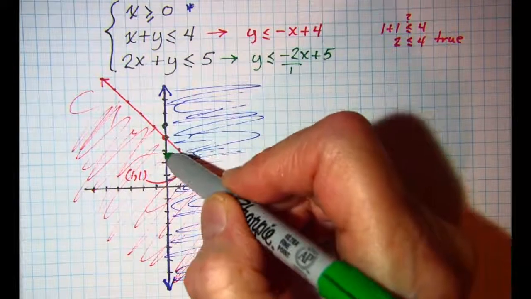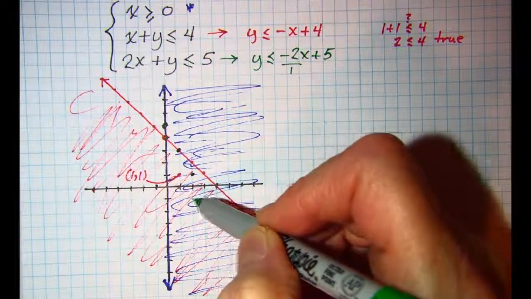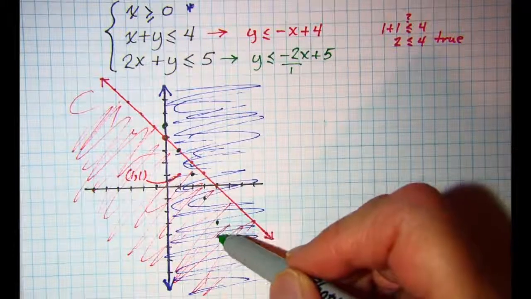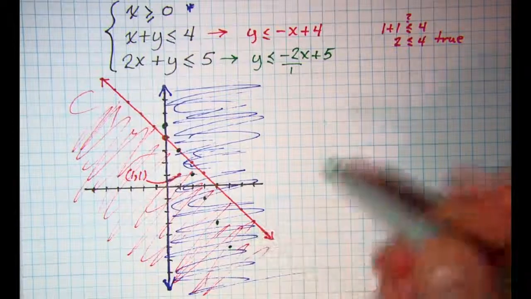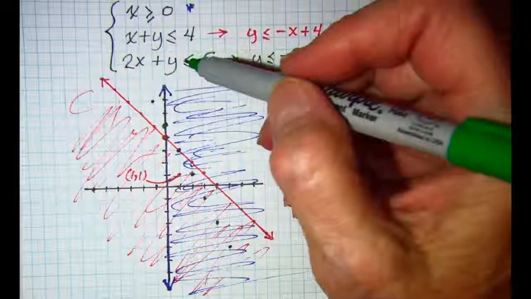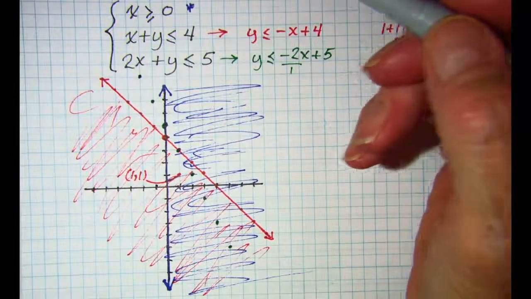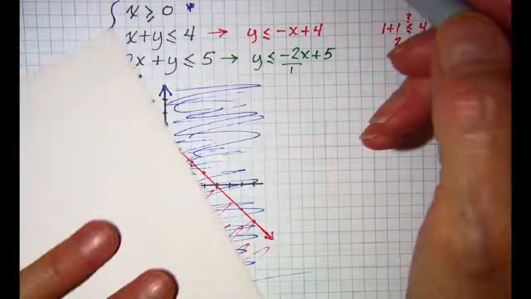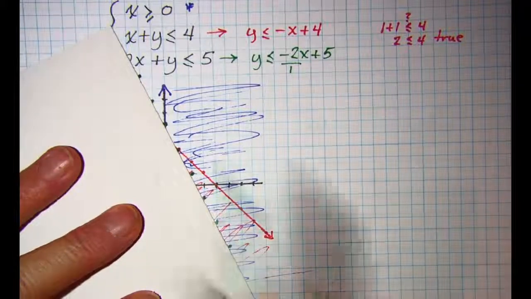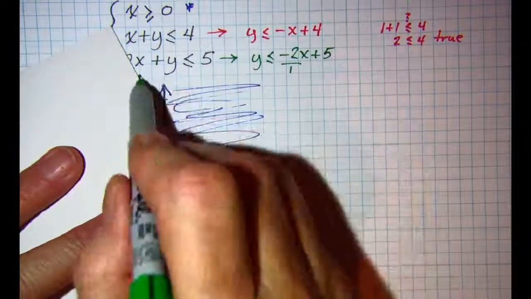So down 2, right 1. Or I could go up 2, left 1. This also has less than or equal to, so it's a solid boundary line.